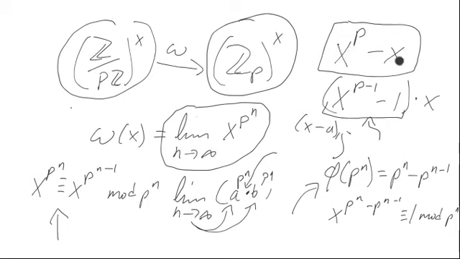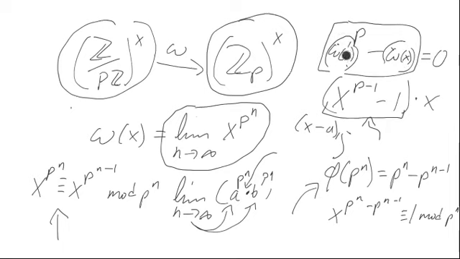Notice that we can also put the limit inside, which means that omega of x raised to the p minus omega of x is equal to 0.